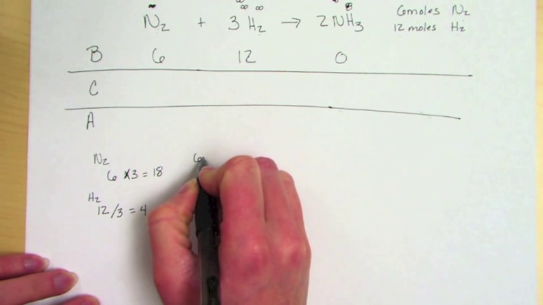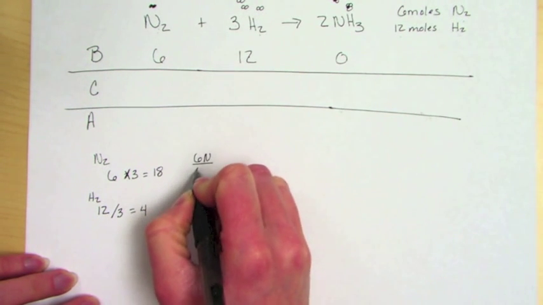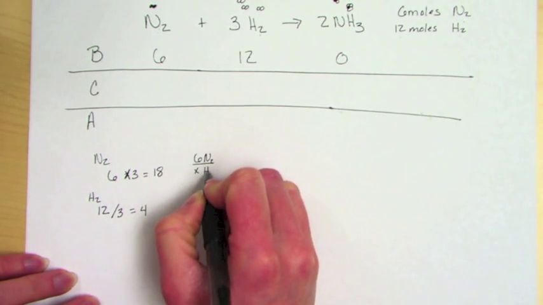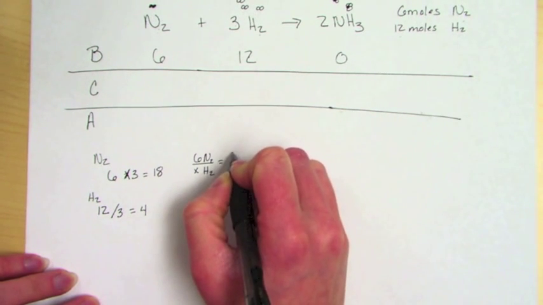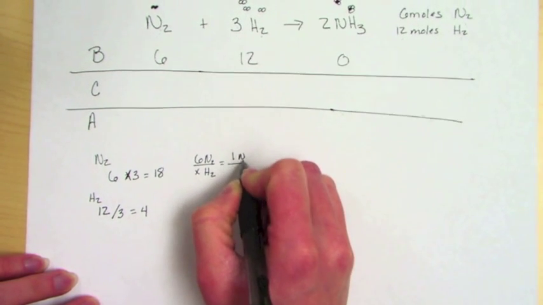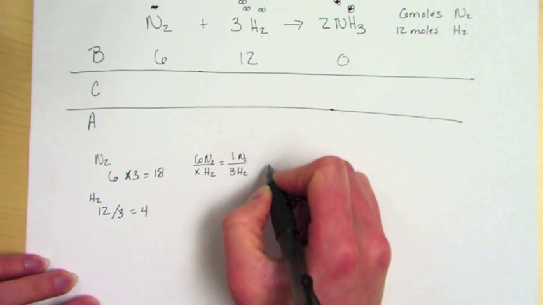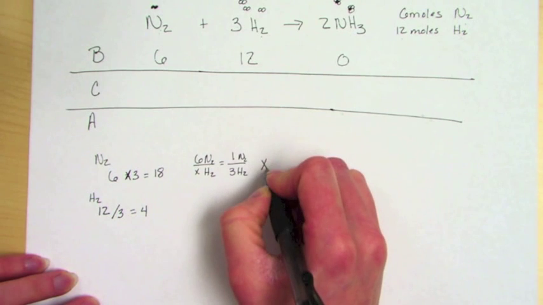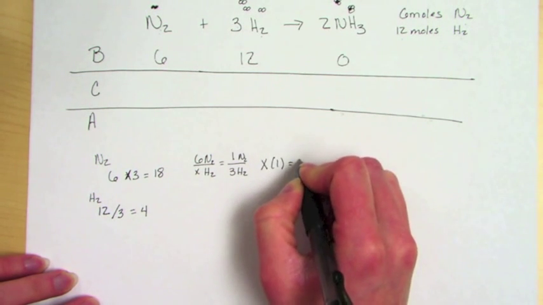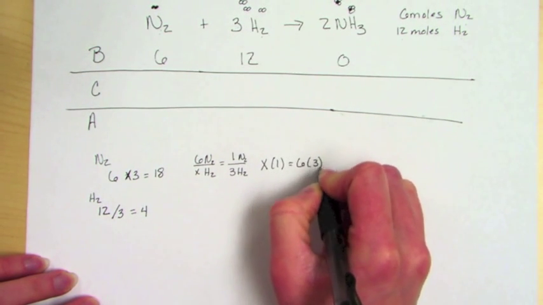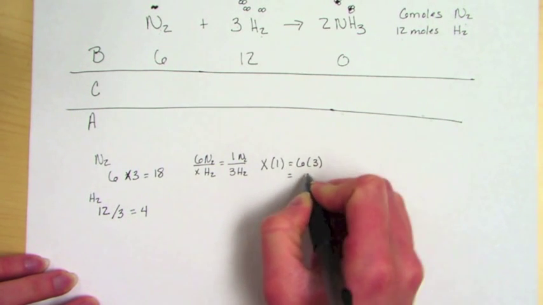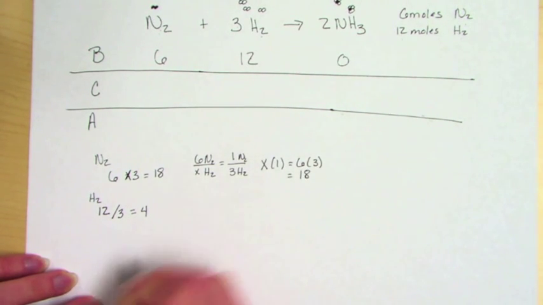This can also be done with a proportion. So 6 moles of nitrogen over X moles of hydrogen equals 1 mole of nitrogen over 3 moles of hydrogen. If we crisscross, we'll find that we have X times 1 equals 6 times 3, and that equals 18.